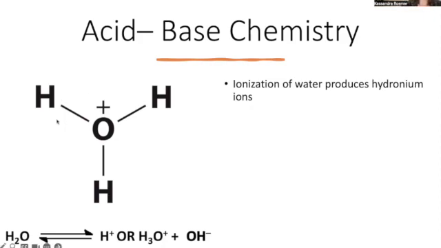So usually we only talk about H plus protons, but we usually don't just have protons floating around by themselves. Instead, we have that H3O plus formation. So a water gains a proton and is ionized from H2O to H3O plus and OH minus. So this would be 2H2O to make that equation correct.